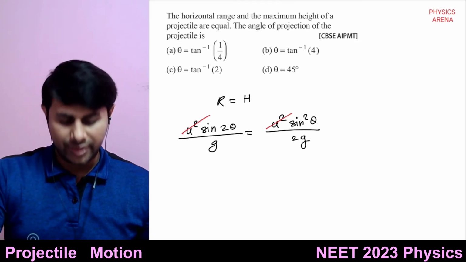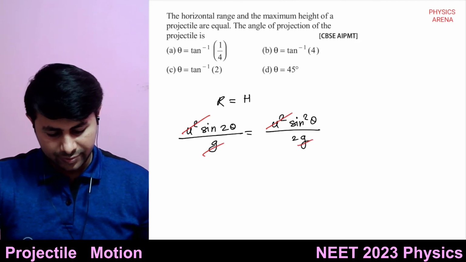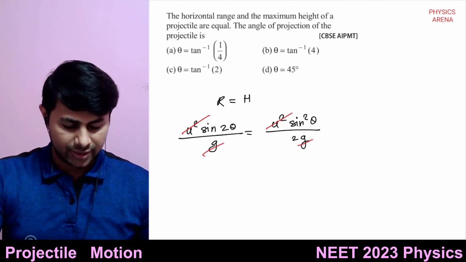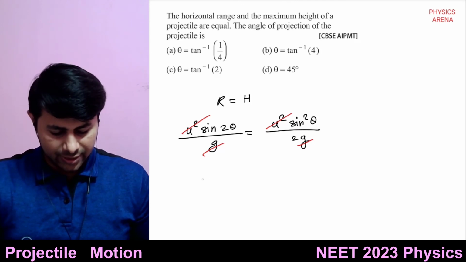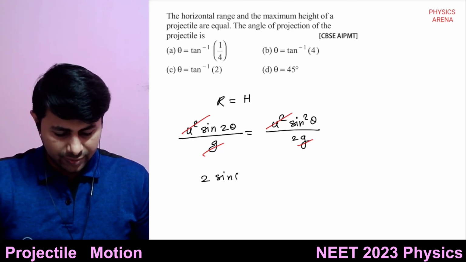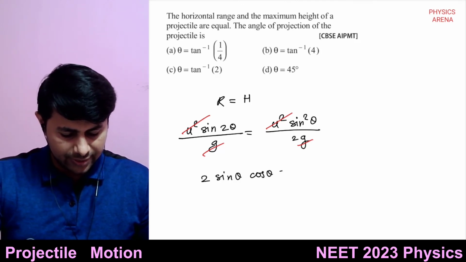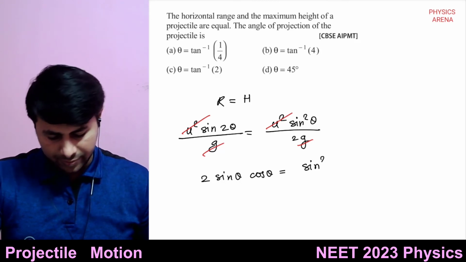So u square gets cancelled, g cancelled. Okay, so sine 2 theta is sine square theta upon 2, and this can be written as 2 sine theta cos theta is equal to sine square theta divided by 2.